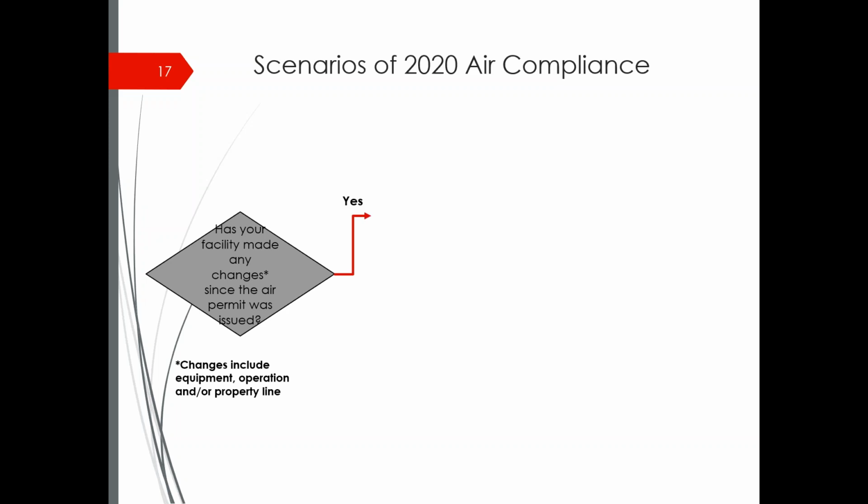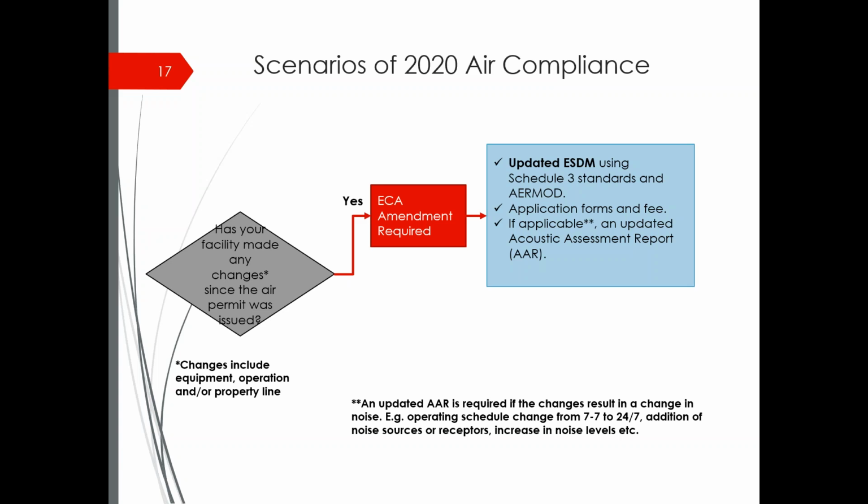If your answer is yes, you will need to amend your ECA and submit an application to the ministry. And then as part of the application, you will need to submit an updated ESDM report using the Schedule 3 standards and AERMOD, along with all the application forms and the MOE review fee.